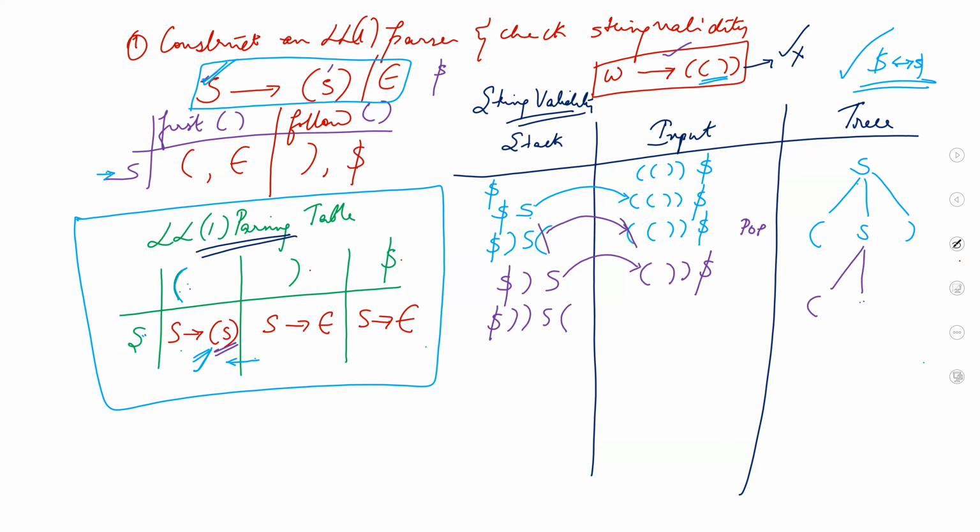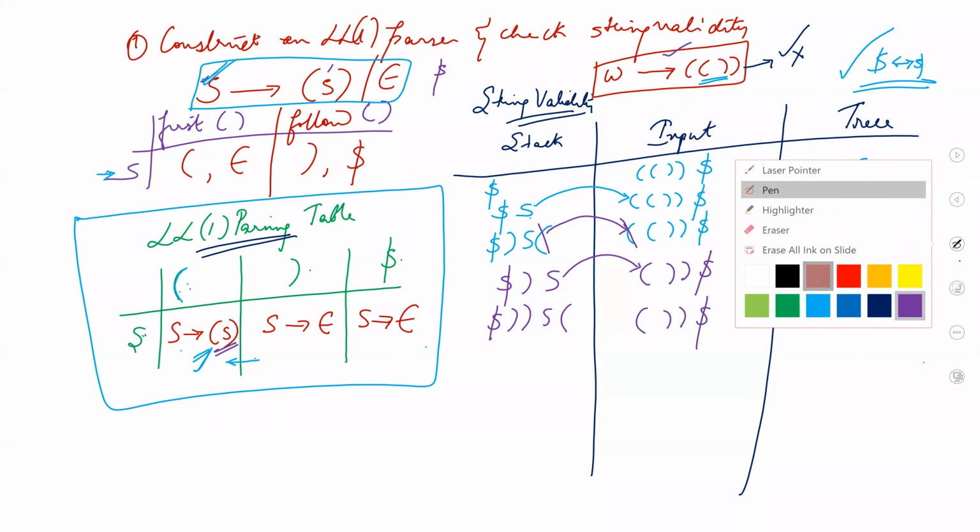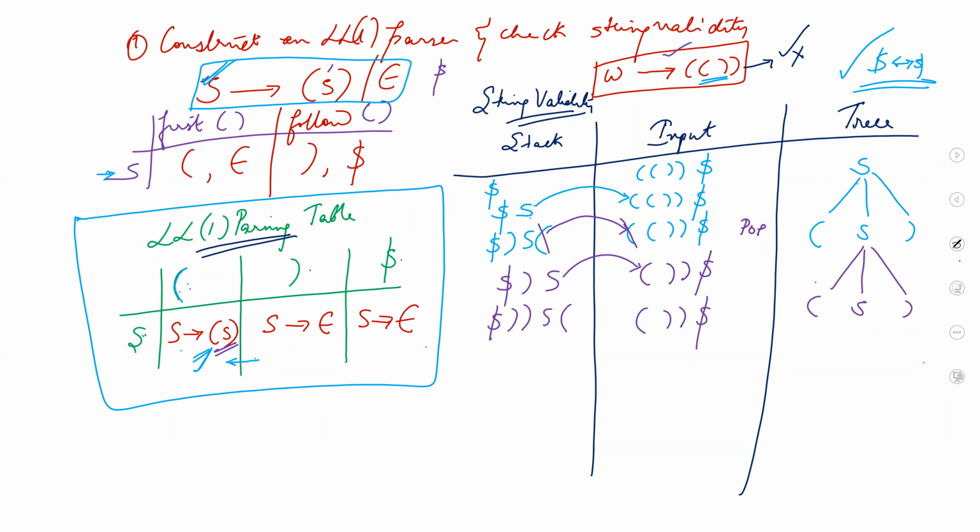This S, you have again replaced it with S in a bracket. Here, you have this particular term. Okay, it encounters this. It is a match. So I will pop it up again. So remaining, I do have this with closing, and dollar.